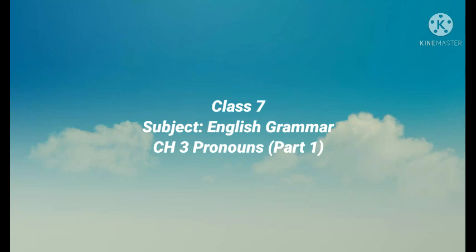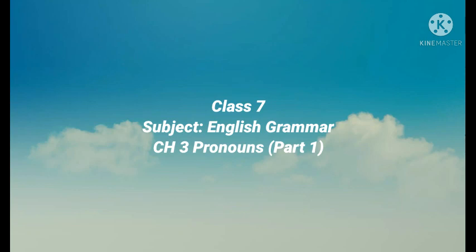Personal pronouns are used in place of the names of people and things. If the personal pronoun is the doer of the action, for example the subject of the sentence, it is called a subject pronoun.